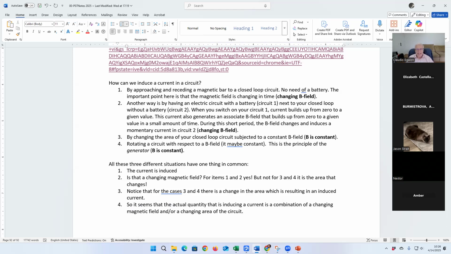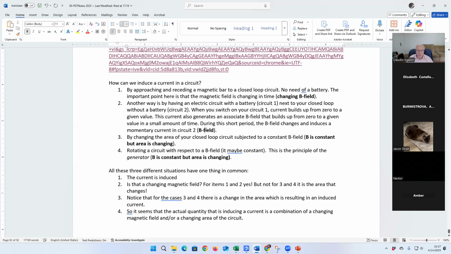Did you notice that? B is constant, but area is changing, right? B is constant, but area is changing.